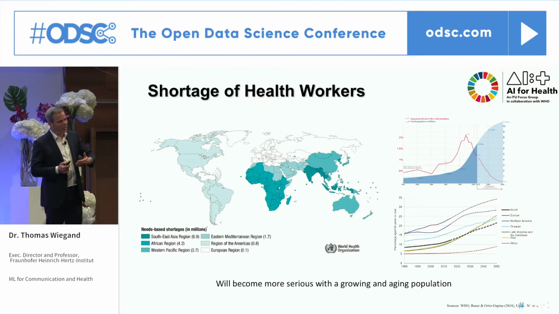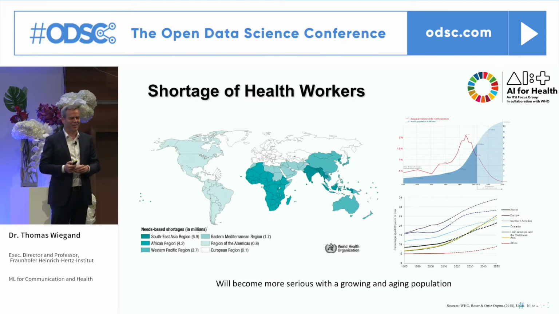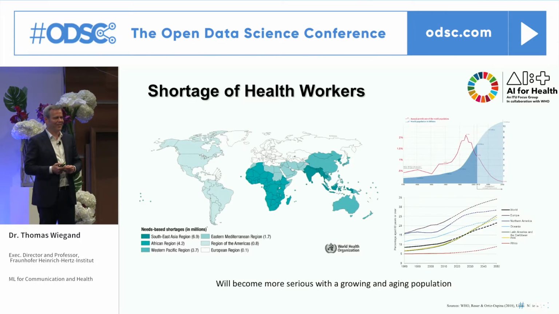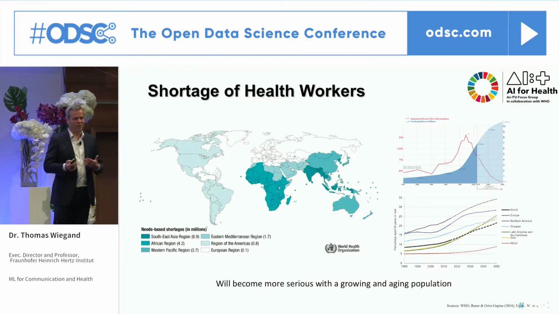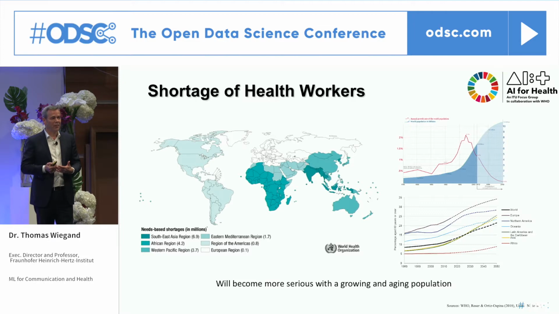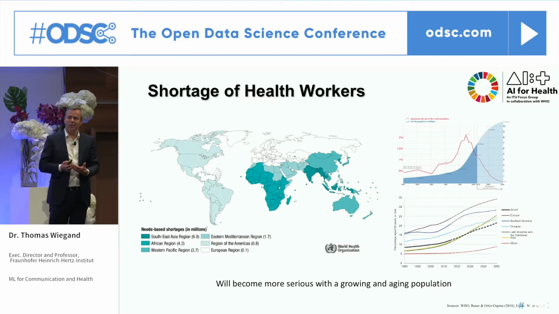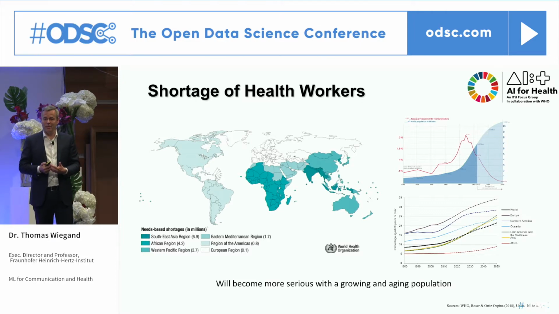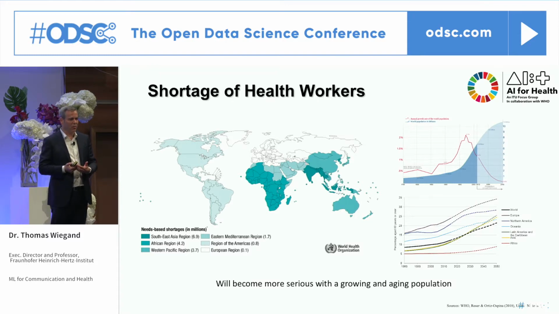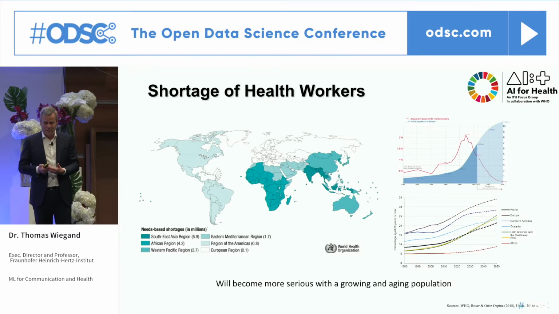If you had a way to basically say, okay, well, it's probably not going to be the end of my life. If we had a way to be smarter about how we deal with health problems, and particularly using AI, maybe that's a way forward that may help to mitigate this shortage of health workers, in particular in developing countries.